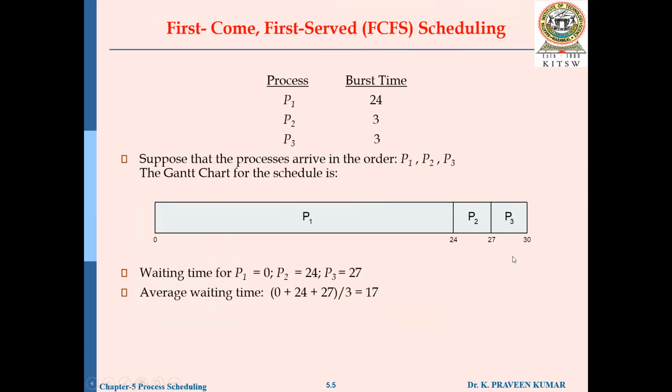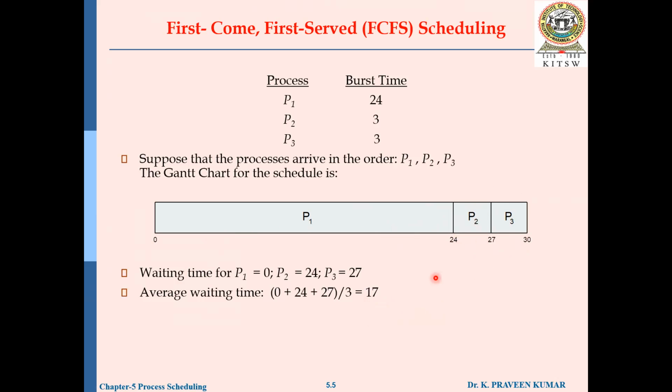In the last class, we discussed the FCFS scheduling algorithm. In that, the input is different processes and burst times. According to first come, first served, whichever process comes first will be served first. So first process will take 24 units of time, and second 3 units, and third 3 units.